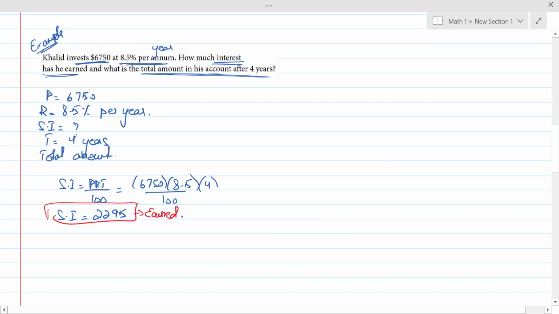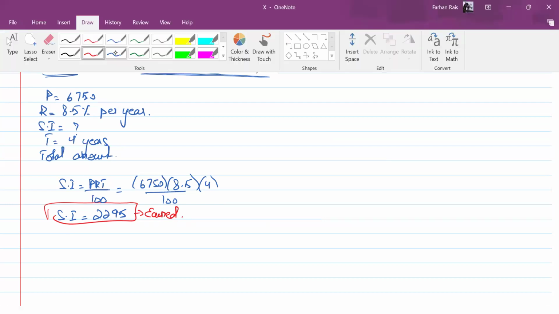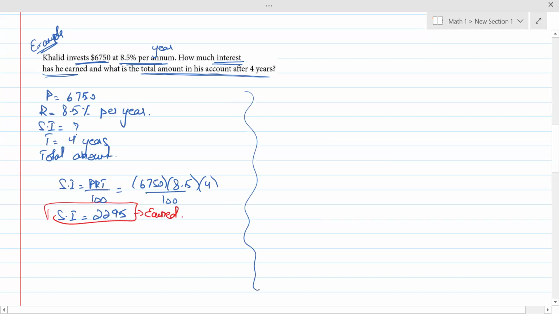But the question is also asking for the total amount in his account after 4 years. So when it says total amount, it is always the sum of the simple interest earned plus the principal which was invested initially, because you have to get back this principal also.